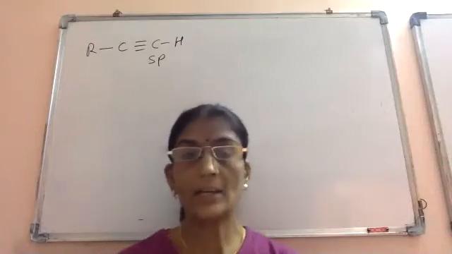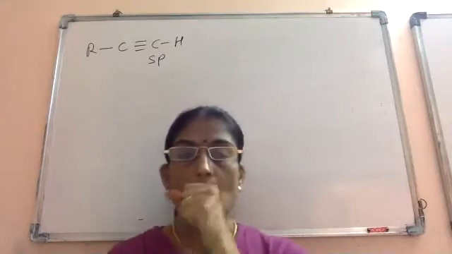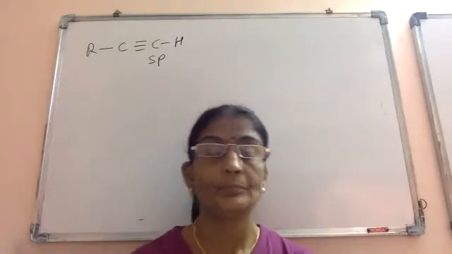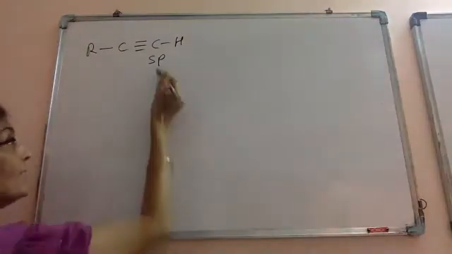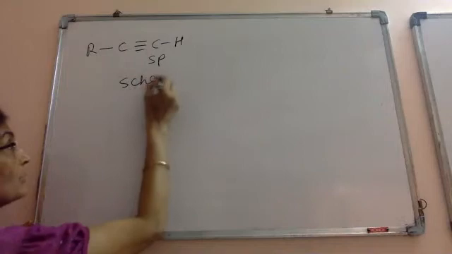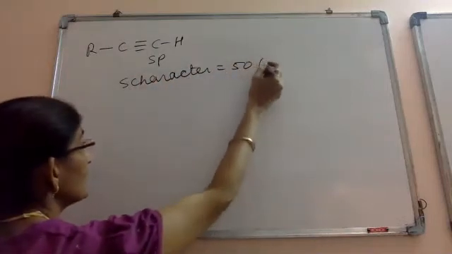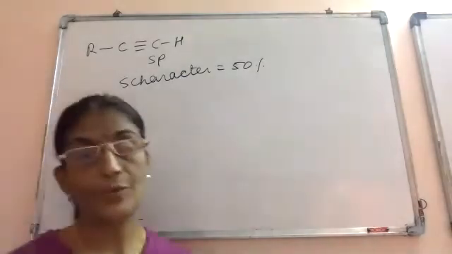In alkene, it is sp2. While in alkynes, the hybrid state of carbon is sp. Now we know that if the carbon is sp hybridized, s character is more. How much will it be? 50%. One s and one p. So in sp hybrid orbital, s character is 50%.